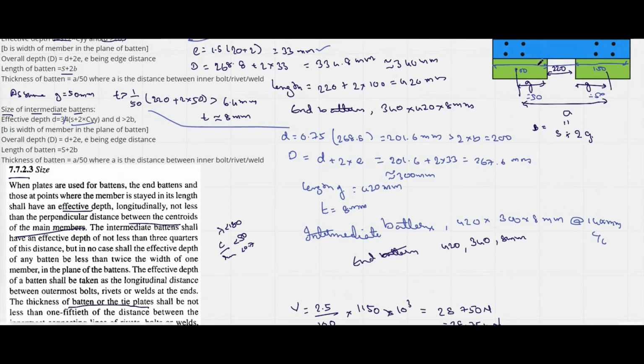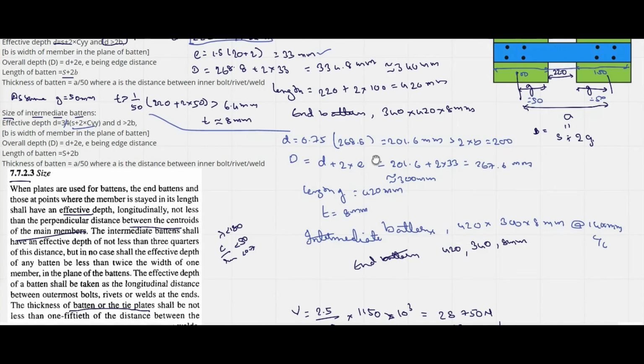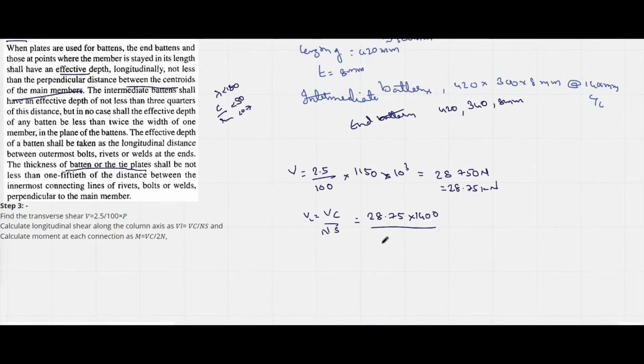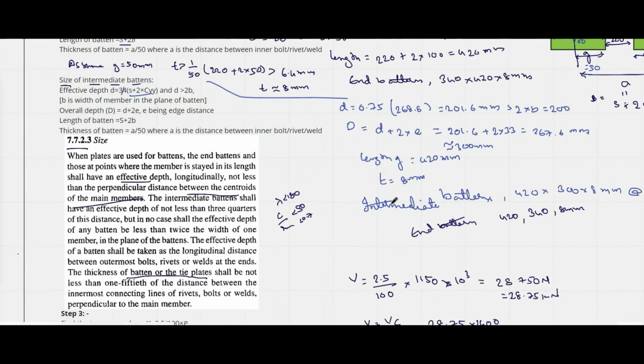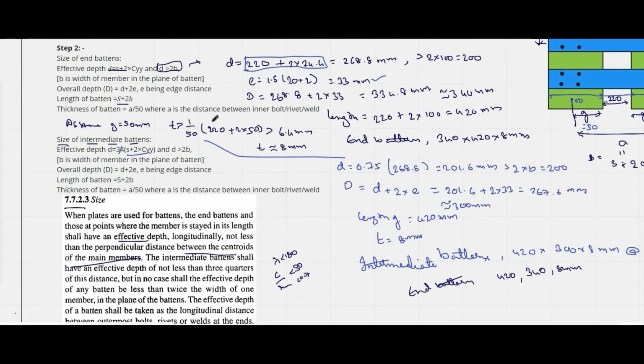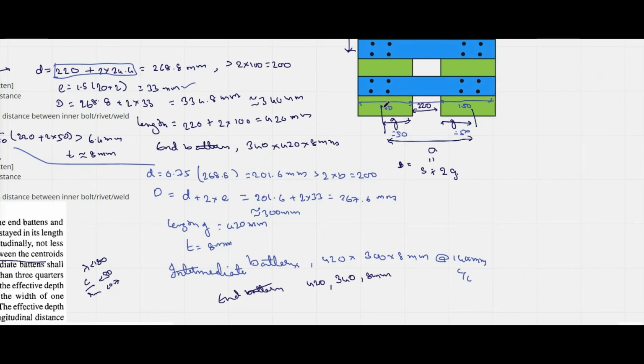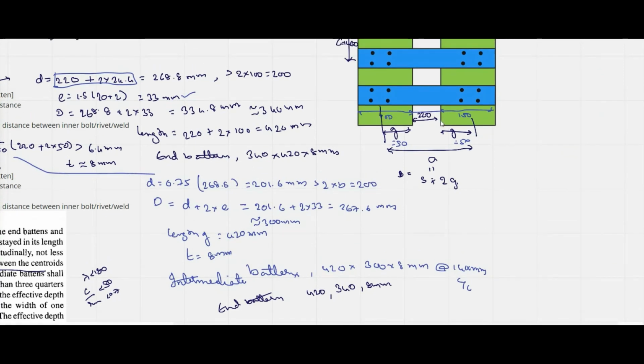There are two parallel planes, therefore the N value will become 2. S is the minimum transverse distance between the centroids of the weld group, which is 320 mm. We already calculated this while calculating the thickness of the batten system: the value of A, the distance between the two innermost bolts or rivets.